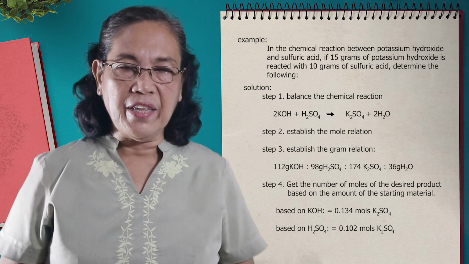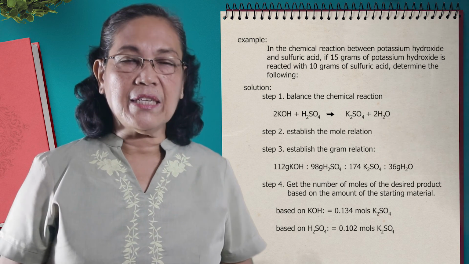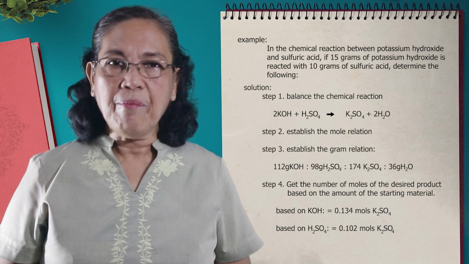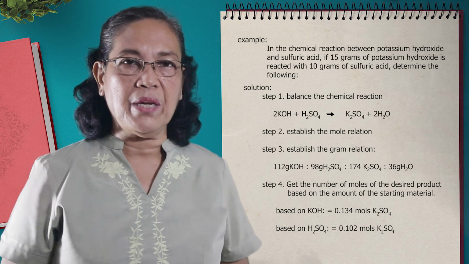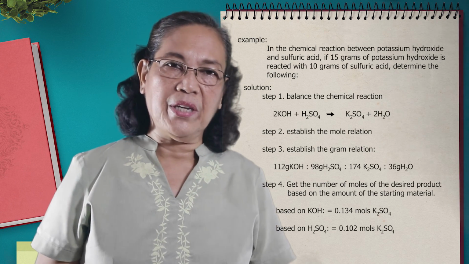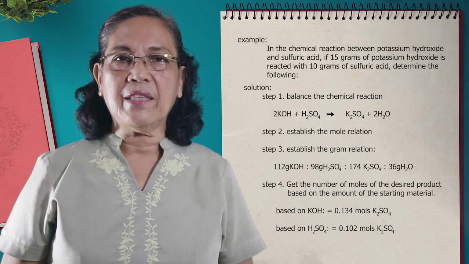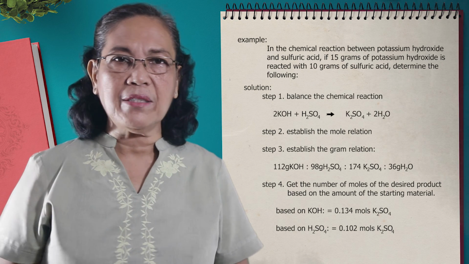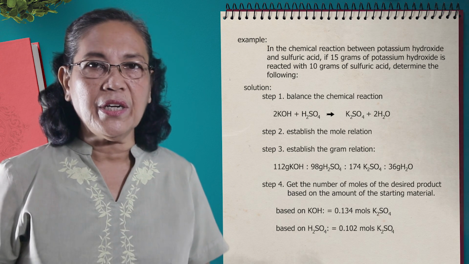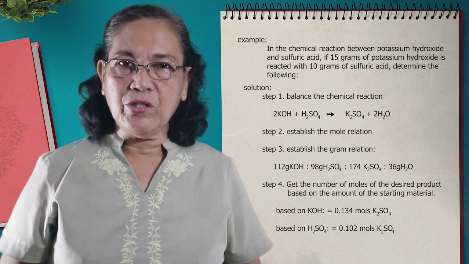Since there are 2 moles of this potassium hydroxide reacting, we have to multiply the 56 molecular mass of potassium hydroxide by 2. So giving us the number of grams of potassium hydroxide to be 112 grams. Then let's go to the next reactant, which is the sulfuric acid. In sulfuric acid, we have to get the molecular mass by, of course, adding the atomic masses of the individual elements. So we have a formula H2SO4, meaning we have to multiply the atomic mass of hydrogen, which is 1, by 2.